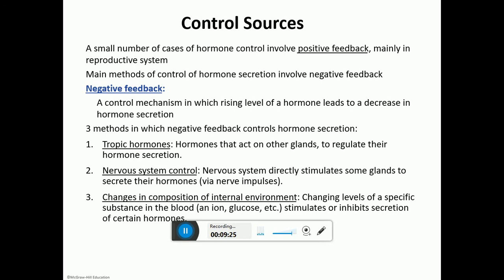And then there's a change in the internal environment, so depending on the amount of glucose in the bloodstream, do I need more insulin or not? Or the amount of sodium or potassium in the bloodstream, do I need aldosterone or do I not need aldosterone, and so on. So these are your three methods in which negative feedback really controls the hormonal secretion.